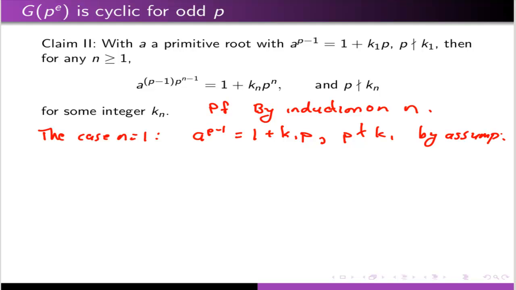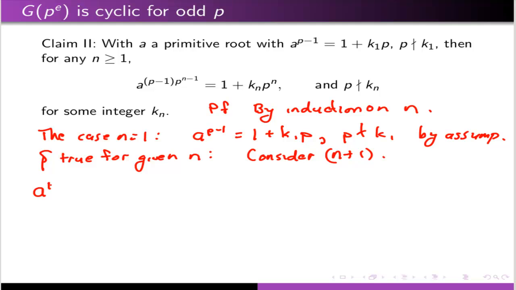So this is true by assumption. So suppose the statement is true for n. Suppose true for a given n. And now let's consider n plus 1. Okay, so I would take a to the p minus 1 raised to the p to the n power this time, and I have to calculate this.